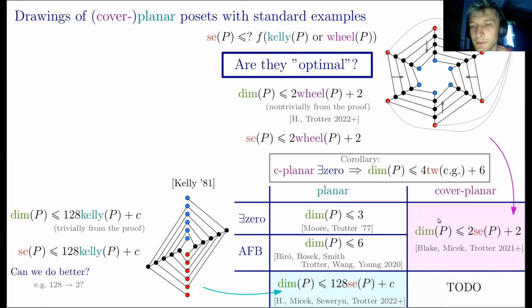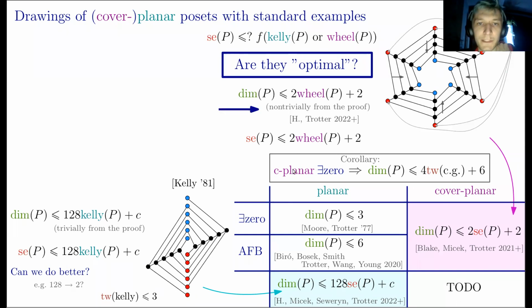And this question makes sense because, for example, tree width of Kelly is bounded by 3, so in some sense this result is optimal, because in either of these two cases I cannot obtain such a result. But this is just by forcing a grid in this cover graph.